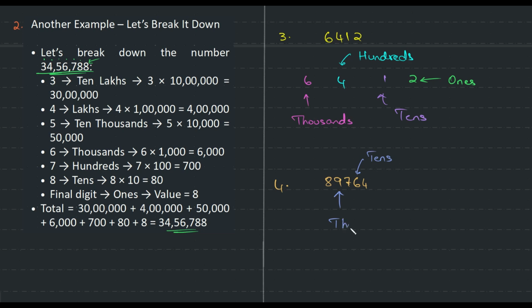Tens. What about 8? Yes, it is 10,000. That's it. Right? If I had one more number, that would have been, actually, this is the entire idea of this topic, a lakh. Is it not? It occupies the position of lakhs.